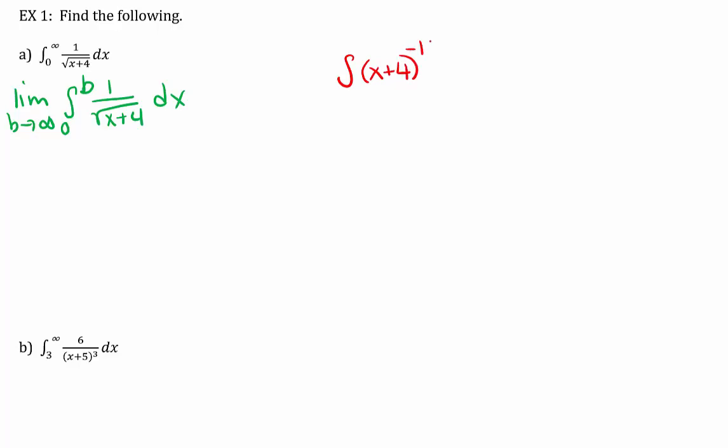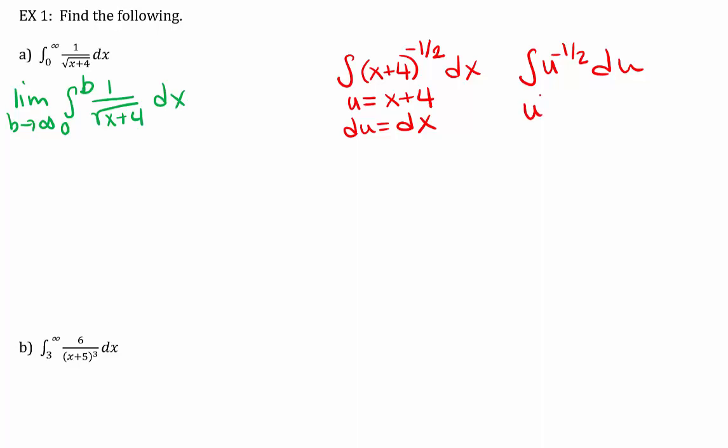I'm going to rewrite this as x plus 4 to the negative 1/2. And then I'm going to use the substitution method. I'm going to let u equal x plus 4. My du would be 1 dx. And then I can rewrite this integral as u to the negative 1/2 du. To integrate, I add 1, so I get u to the 1/2 divided by a half, technically plus c.